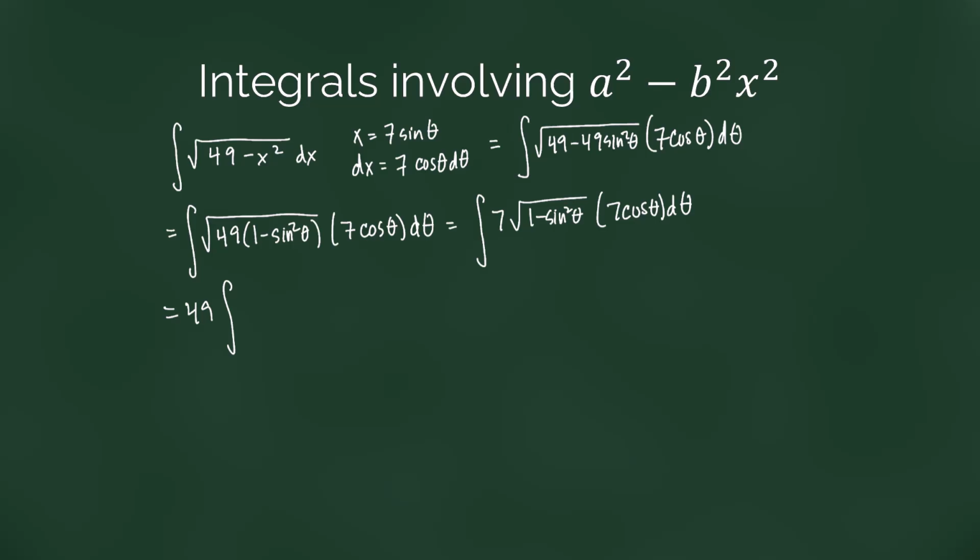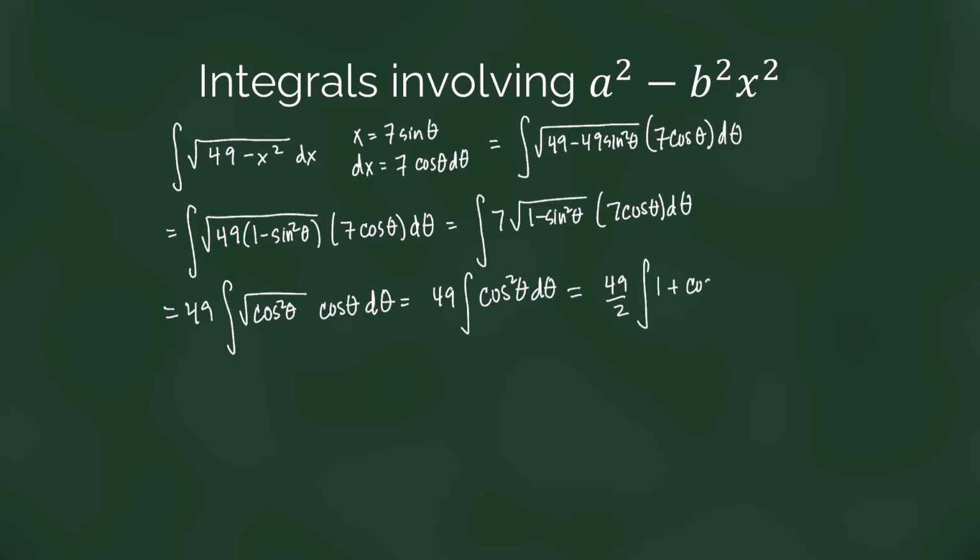We'll combine the two 7s and bring them to the outside to get 49 now times the antiderivative of the square root of cosine squared theta, using a Pythagorean identity, times cosine theta d theta. Well, that becomes 49 times the antiderivative of cosine squared theta d theta once we take our square root.